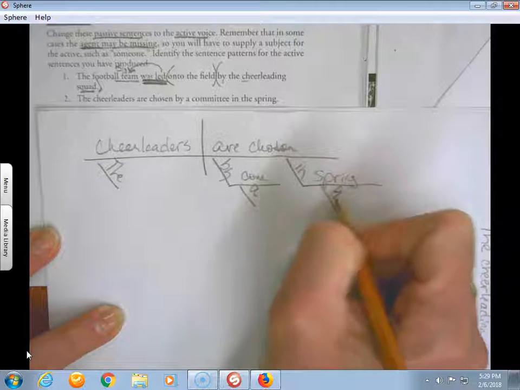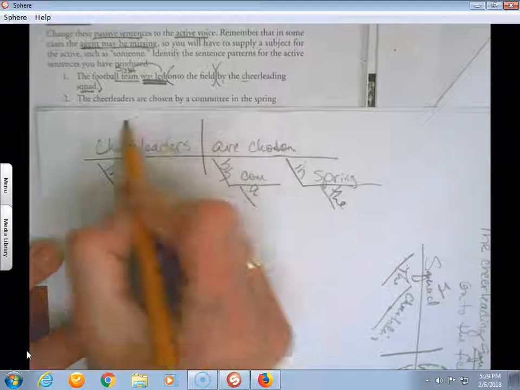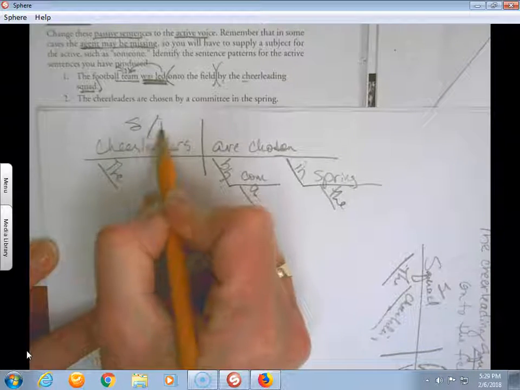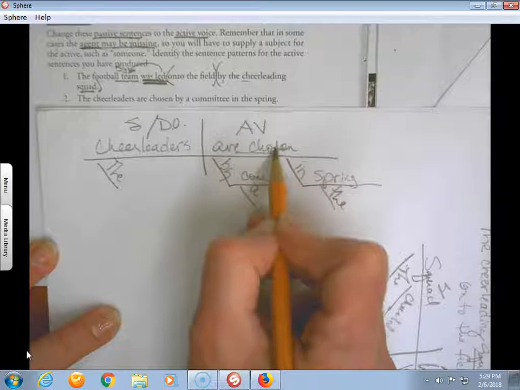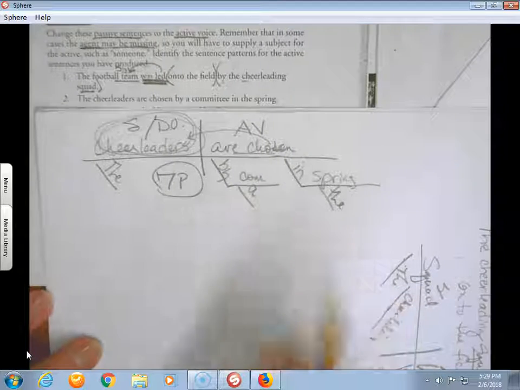Okay, so cheerleaders is your subject, but it's also your direct object, because who got chosen? This is an action verb, and somebody got chosen, the cheerleaders. Because our subject is also our direct object, that makes this a 7P. No indirect object, so I don't have to worry about that.